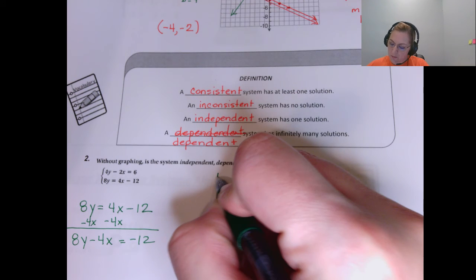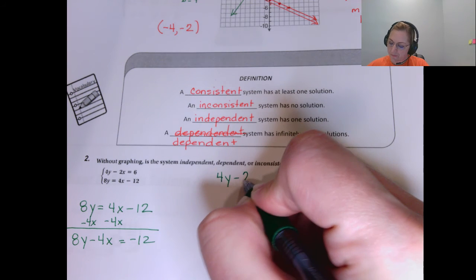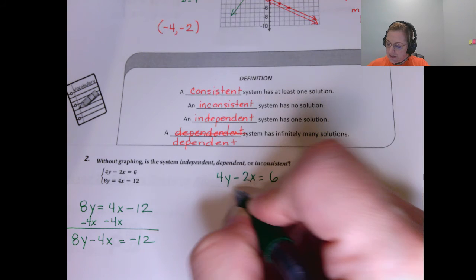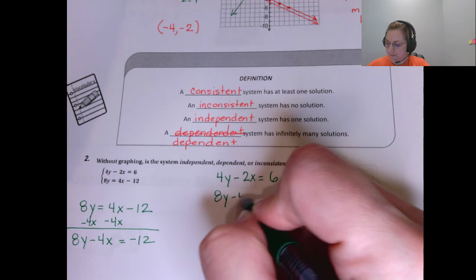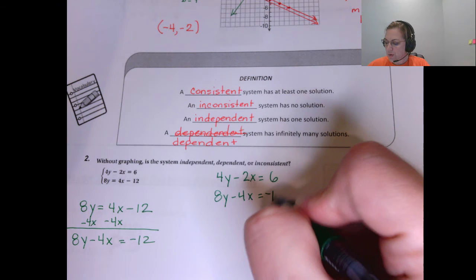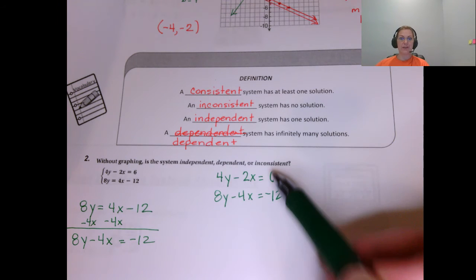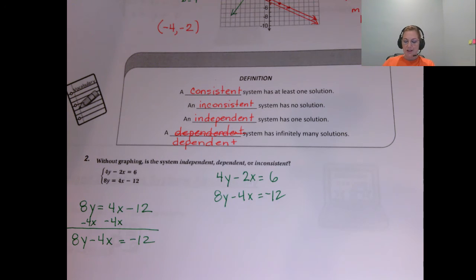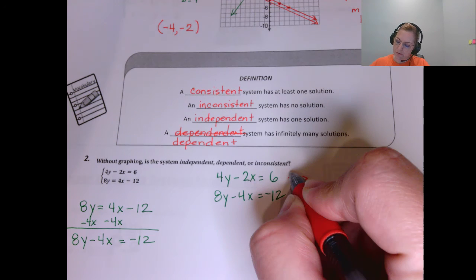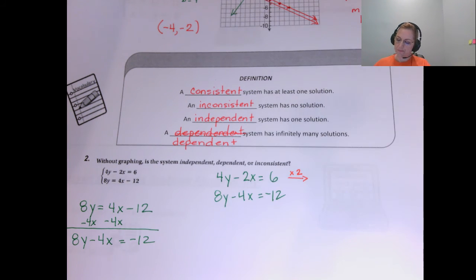Now here's equation 1, and here's equation 2. I noticed that these numbers look very similar. So what I'm going to do is take the first equation and multiply by 2, just to see what happens.